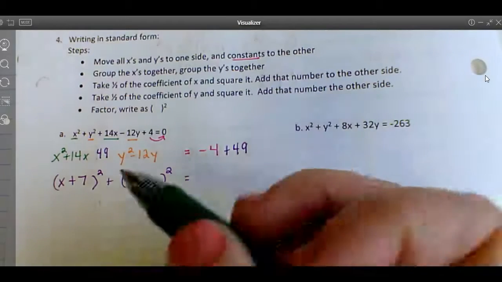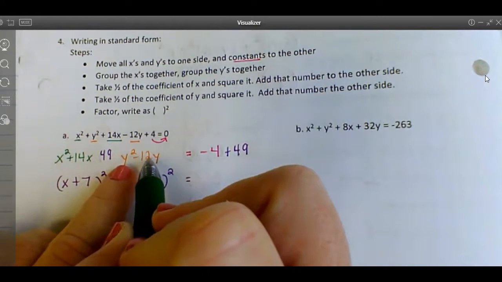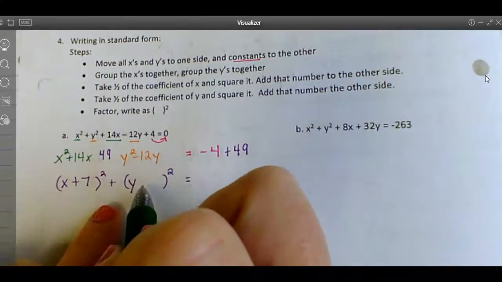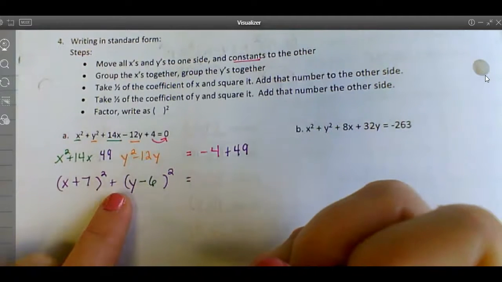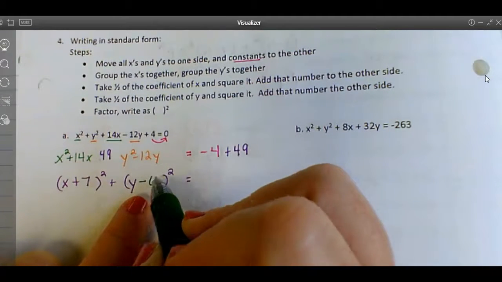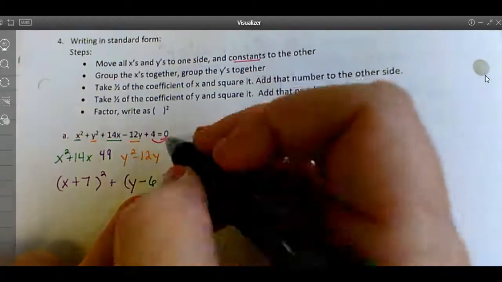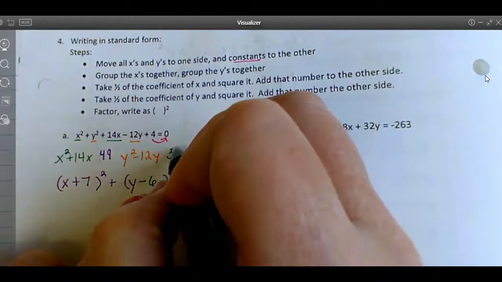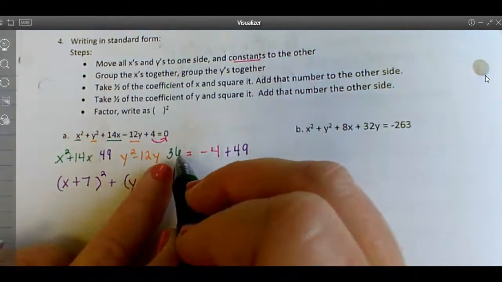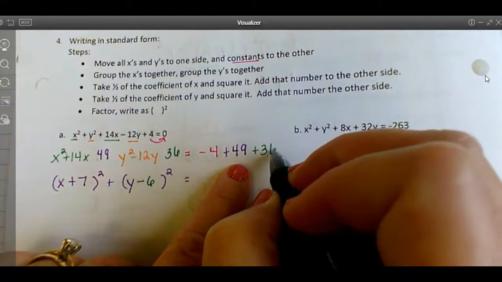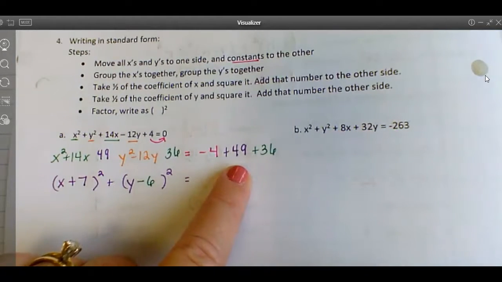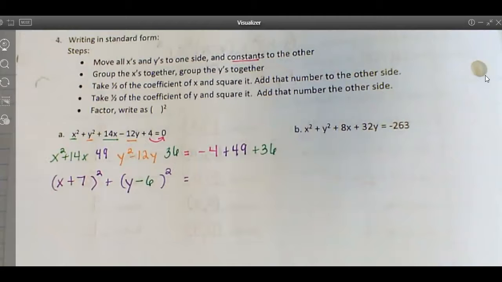Let's do another one. So half of 12, divide the 12 by 2, is 6. That's a minus, so leave the minus. Square it. 6 squared is 36. So 36 goes in the missing place. If I add it here, I have to add it here. And then I add those three numbers together.